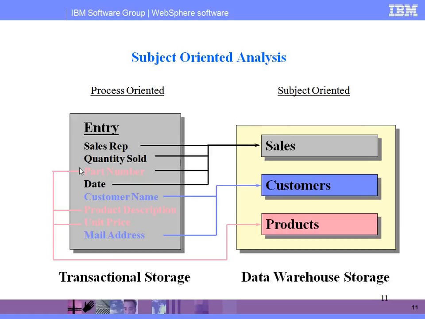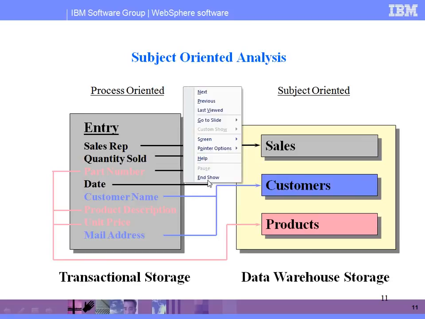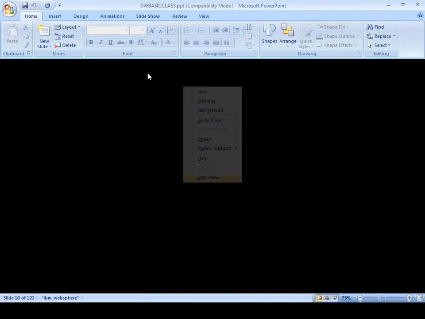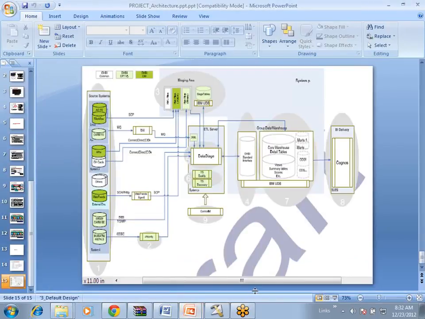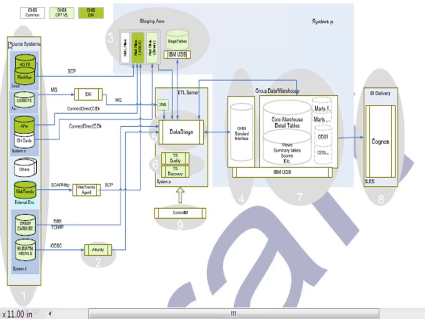When we see any of the operational systems, meaning front-end systems, let me go to the architecture. See, in operational systems, your data may be received from multiple systems. But while loading the data into the warehouse, the data will be stored in tabular format.